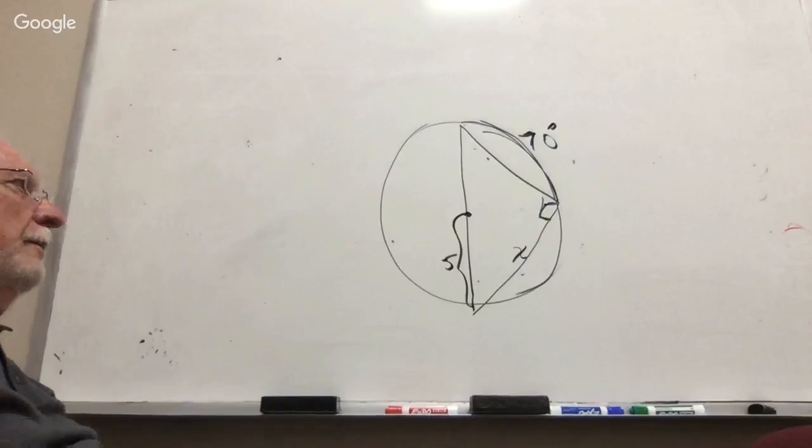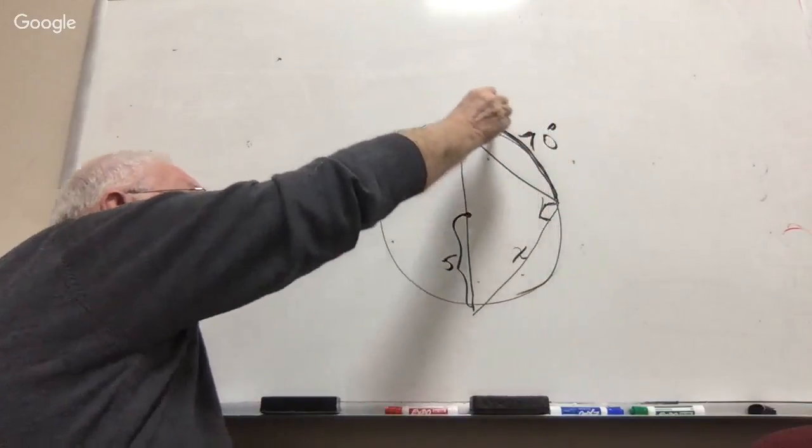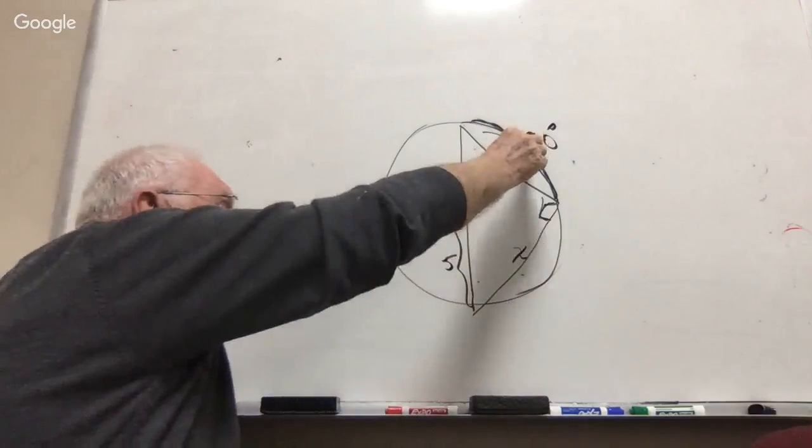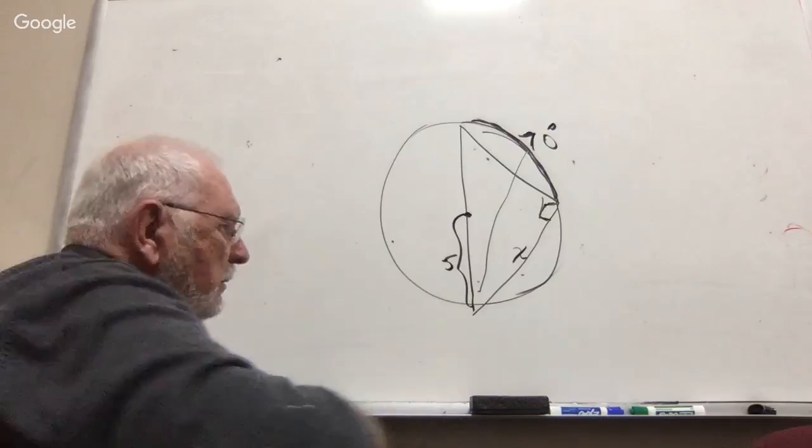So I guess I'm trying to figure out where to go from there. And then x squared. Can we use this to figure out one of the angles? Well, we can use what we did earlier. If that arc is 70, what does that do to this angle down here? So that's half of 70, so 35.